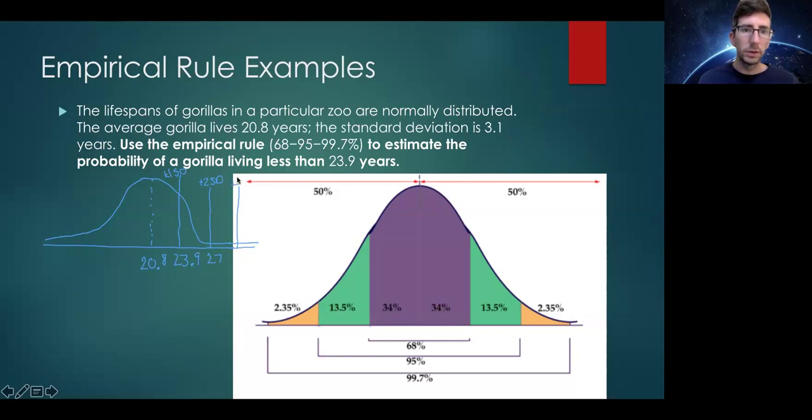This is plus 3 standard deviations. So if I add 3.1 to 27, then I know 30.1 years is 3 standard deviations above the mean. Now we can do this. This is minus 1. It's supposed to be a negative.